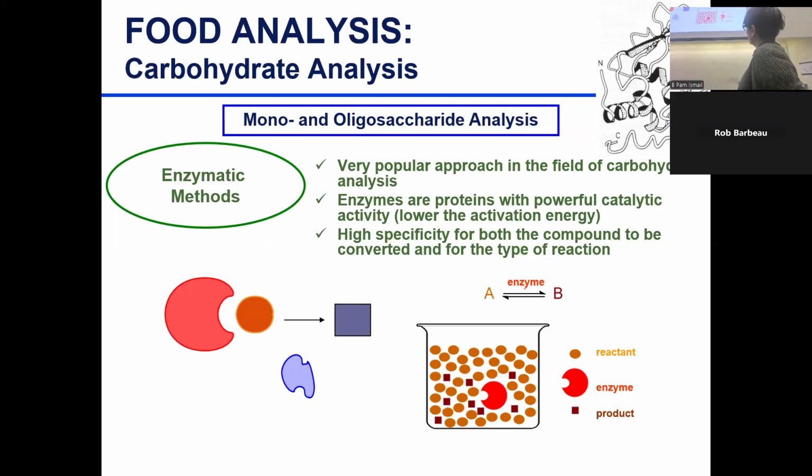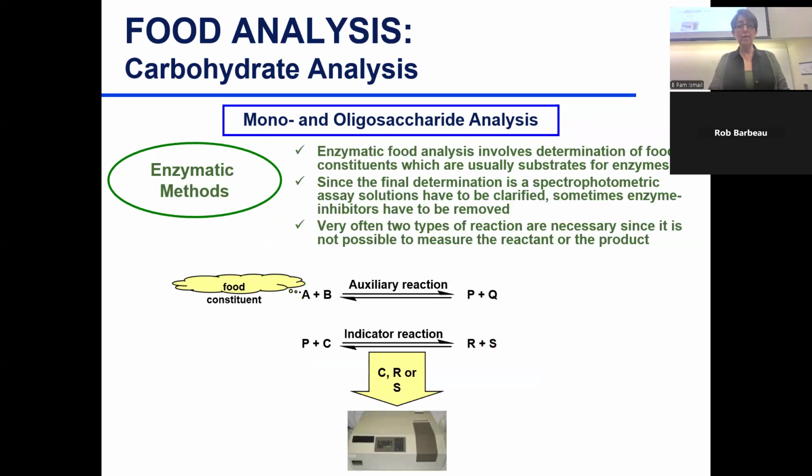Enzymes are biological catalysts and they have high specificity. So we can use enzymes to specifically measure glucose or specifically measure maltose. Well, usually for maltose you hydrolyze it to glucose and you measure glucose. So they're very specific to the carbohydrate of interest that you are trying to analyze. So they're very effective.